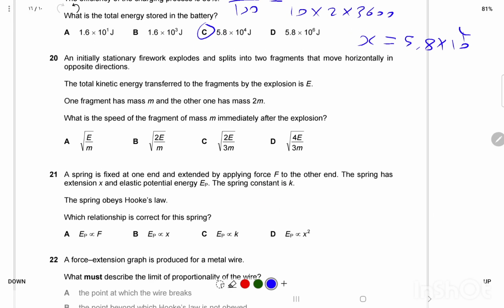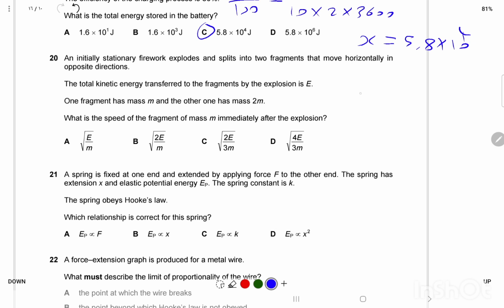Question number 20. An initially stationary firework explodes and splits into 2 fragments that move horizontally in opposite directions. The total kinetic energy transferred to the fragments by the explosion is E. One fragment has mass m and the other has mass 2m. What's the speed of the fragment of mass m immediately after the explosion?